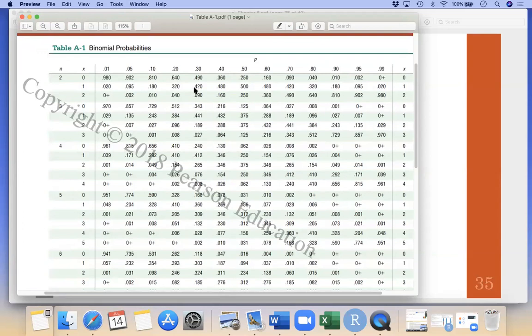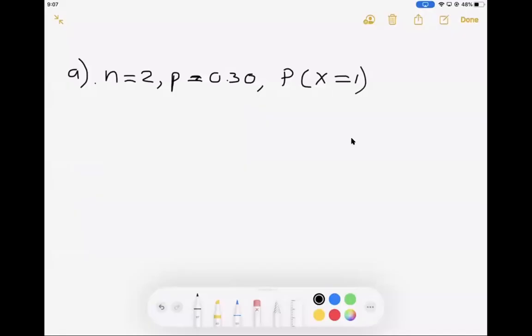So this is our answer. Write it down: 0.420. So the answer is 0.420.